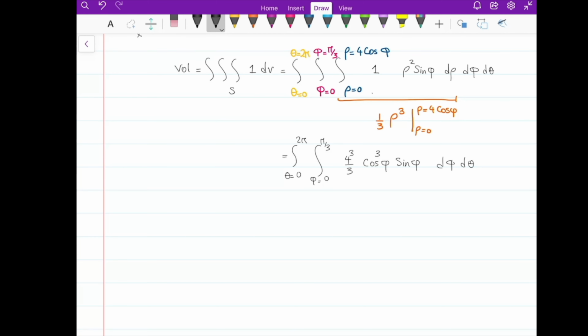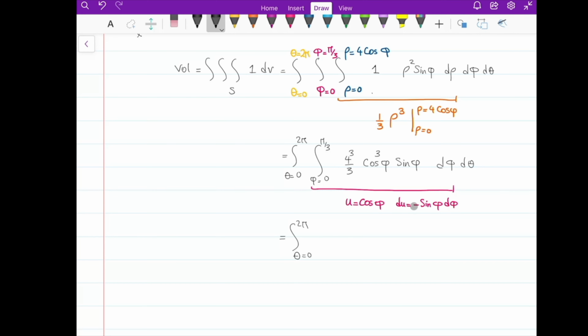Okay, perfect. Now to calculate this integral with respect to phi, I set u to be cosine phi, and then du would be negative sine phi d phi, right? So I have the integral from 0 to 2 pi, and then let me write whatever I have.